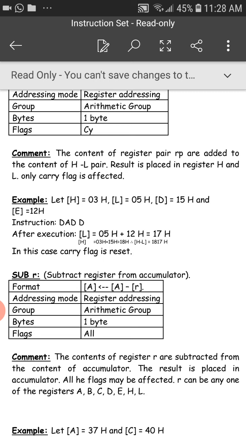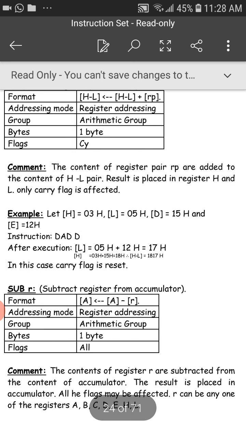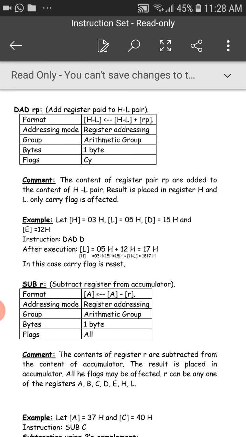See here, 05 plus, that means L plus E and H plus D. Okay, so it adds the contents of the register pairs, H plus D and L plus E. So the contents of the registers will be added in this DAD instruction.